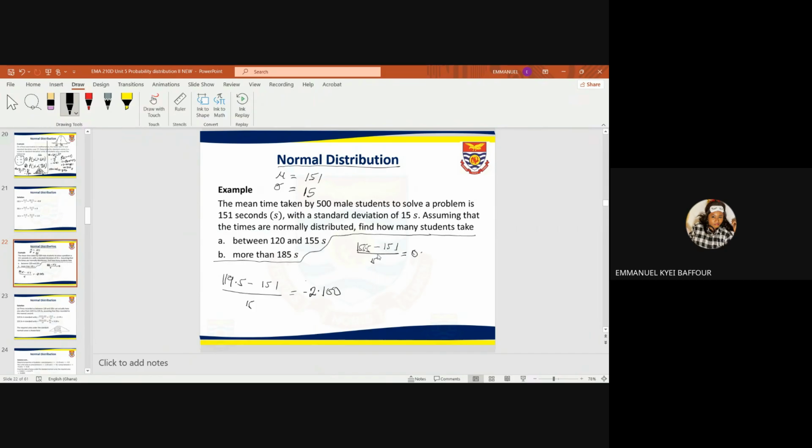Because it says between, if you keep it at 155.4, then it means that if it's between, you've not included the 0.4. But if it is 0.5, then the values between the 0.5, 0.4 is included, right? Okay. Are you getting that part?